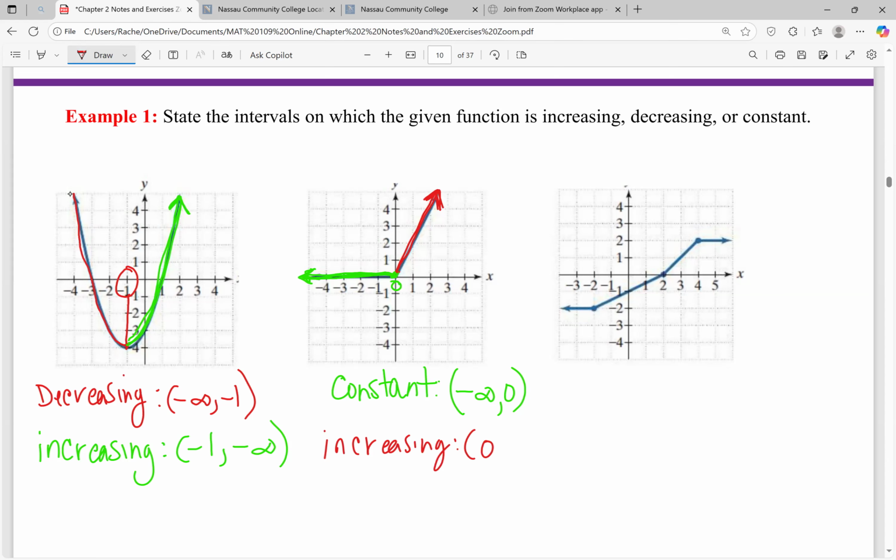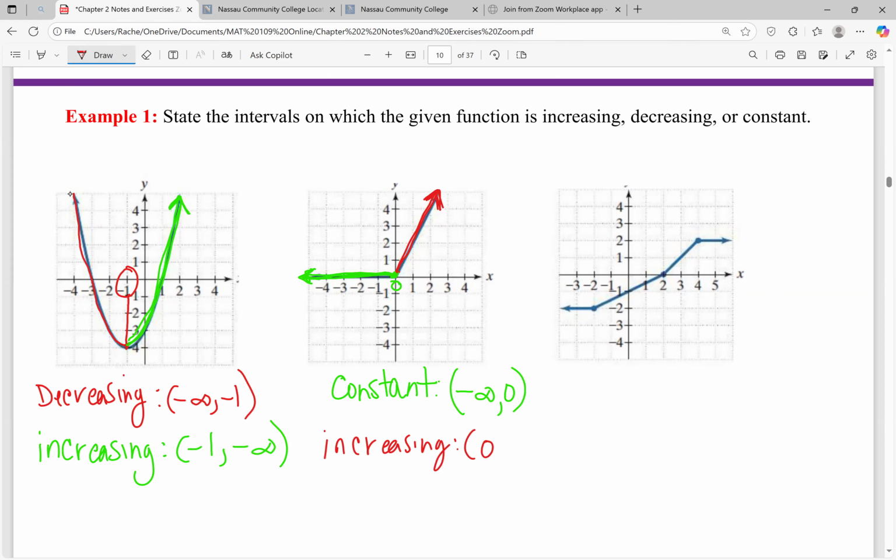That's 12 plus 7, which is 19. So that's how we evaluate a piecewise function at a given value. You just have to look at which restriction, or part of the domain, that x value satisfies.